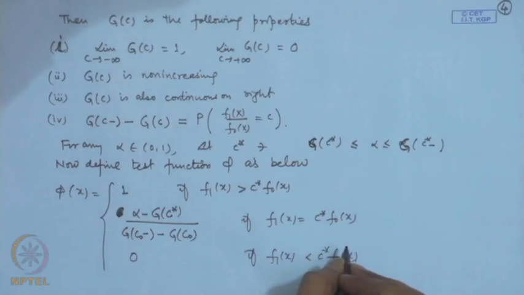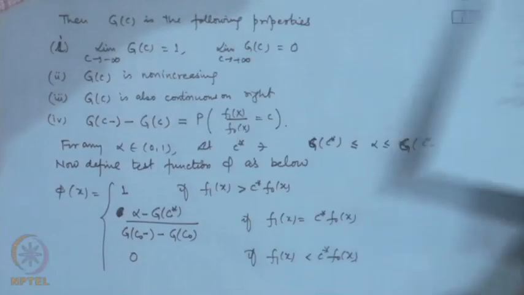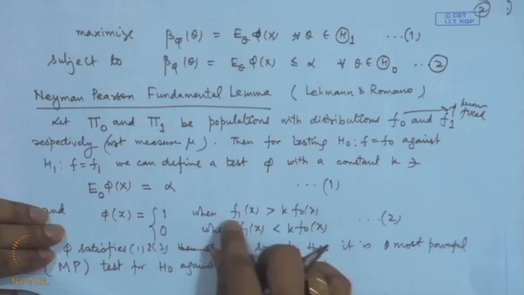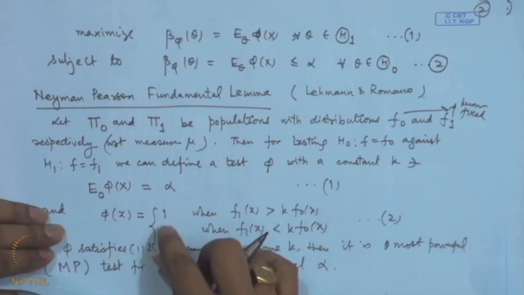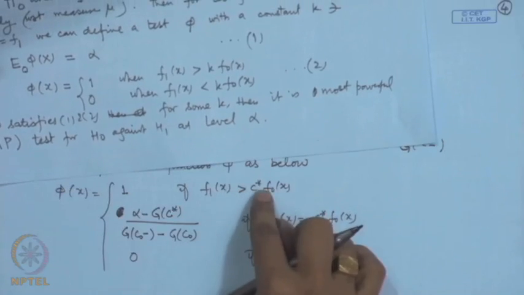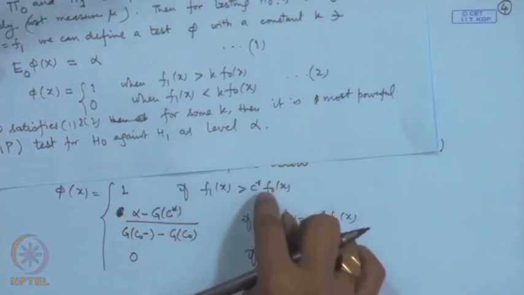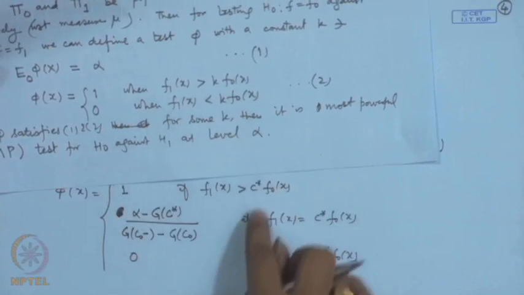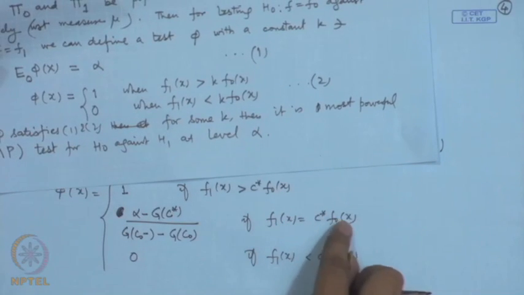So, here you note here that in the statement of the lemma, we have taken two parts 1 and 0, and these parts you can see they are matching here. So, this k is equal to c star here. The unspecified portion, that is f 1 is equal to c star f naught x, now we have specified here.